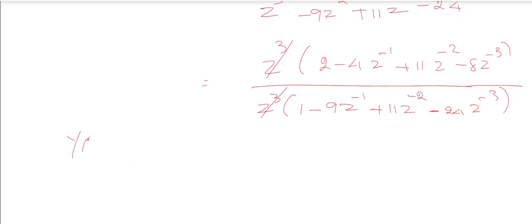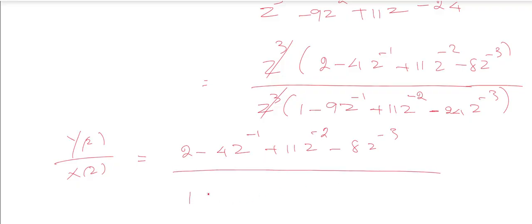Y of z by X of z is equal to (2 minus 4 z inverse plus 11 z minus 2 minus 8 z minus 3) divided by (1 minus 9 z inverse plus 11 z minus 2 minus 24 z minus 3).